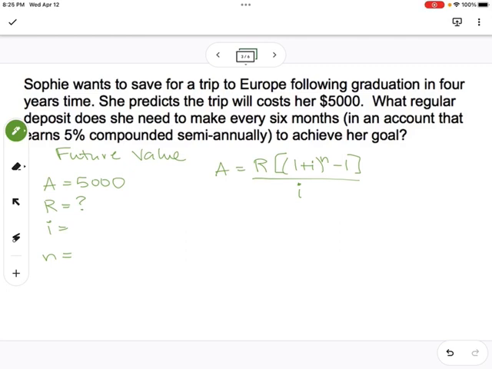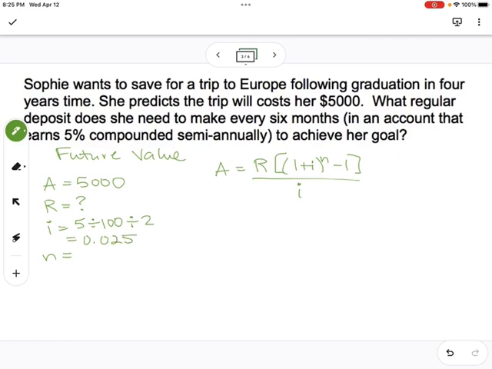Okay, our interest is 5%. We need to change that to a decimal, so we divide by 100. And then we divide that by our number of compounding periods. Semi-annually means twice a year, so dividing that by 2. Okay, so 5 divided by 100 divided by 2 gives us 0.025.